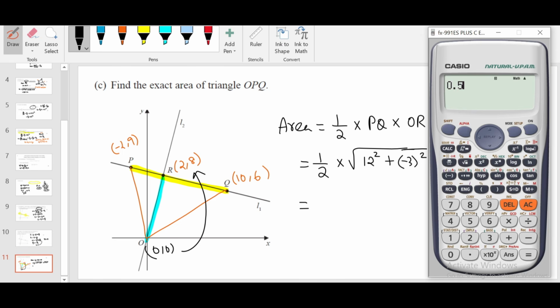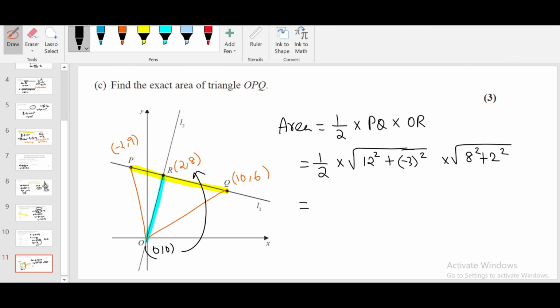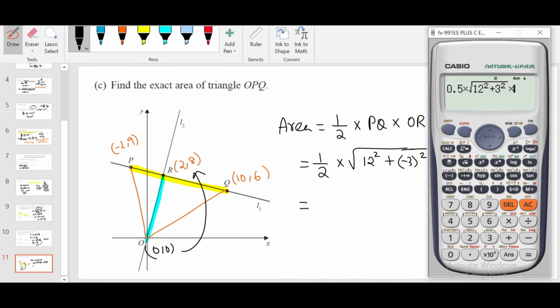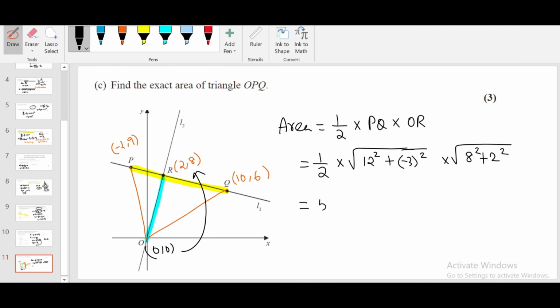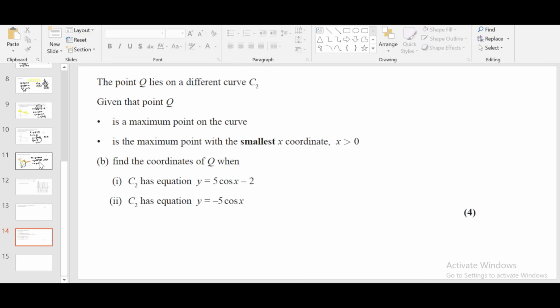Half times square root of 12 squared plus minus 3 whole squared, times square root of 8 squared plus 2 squared. 51 is the area. 51 square units. That's all.